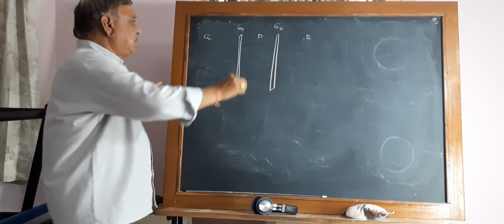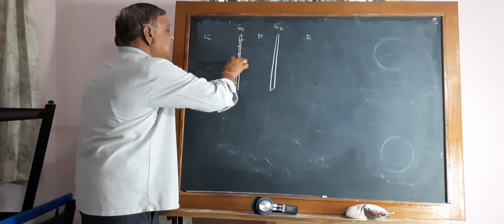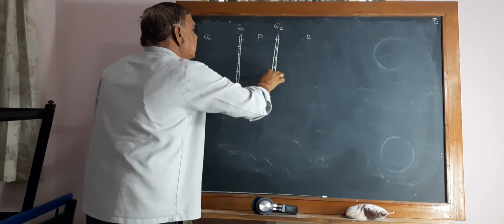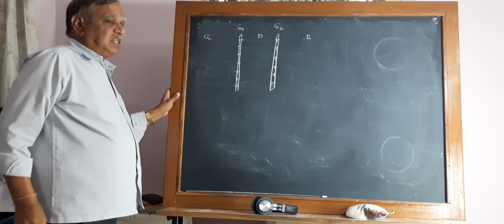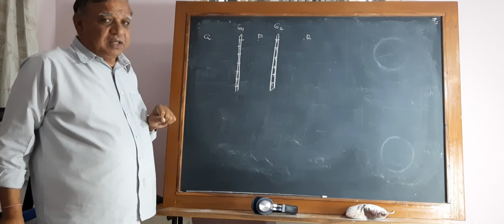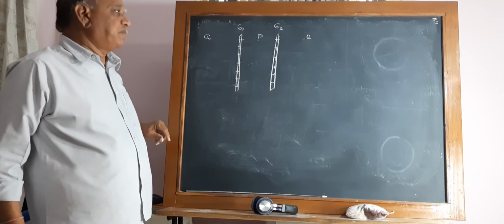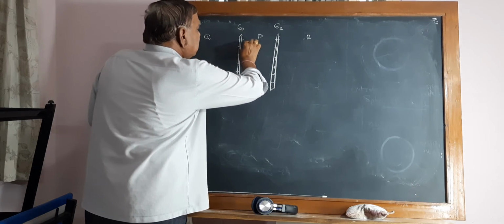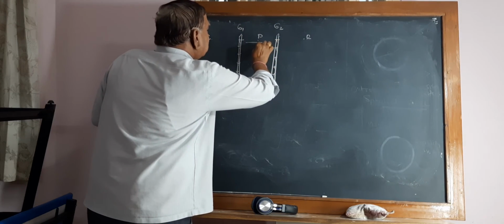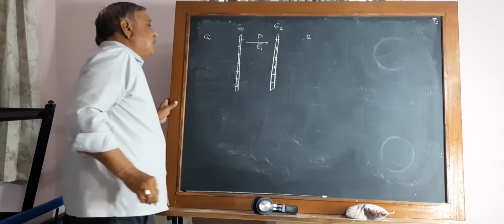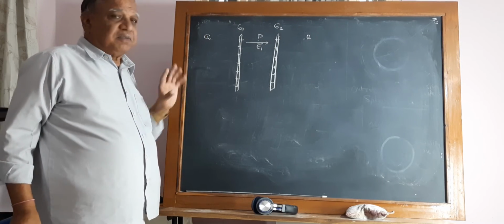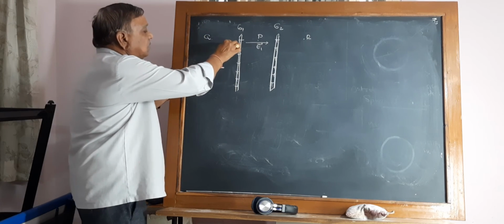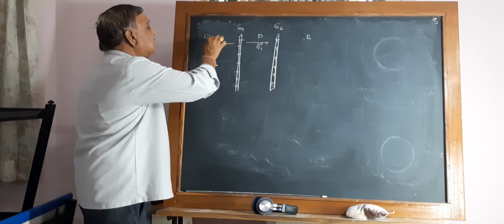Now suppose both are positive charges. Then at point P, between the two sheets, the field due to the first one, E1, is directed away from the first sheet. On this side, it will also be away, E1 in this direction.